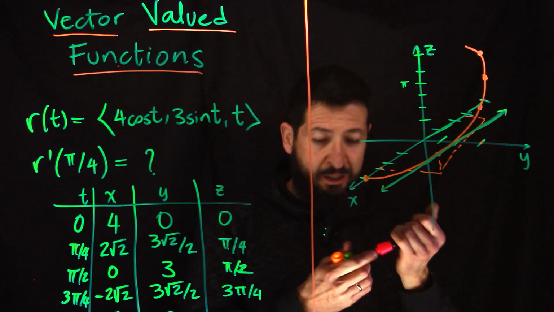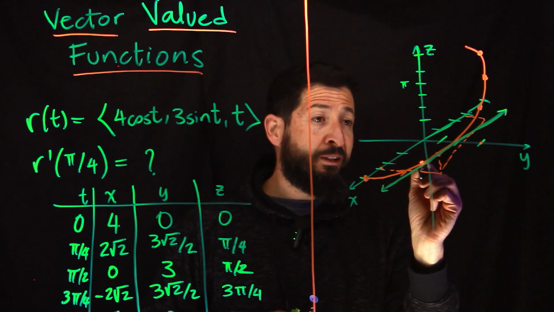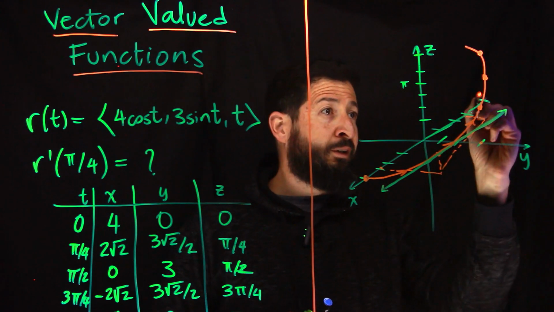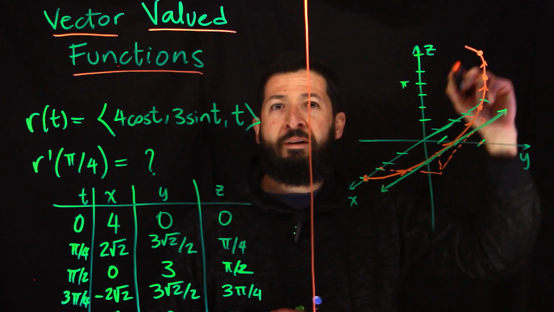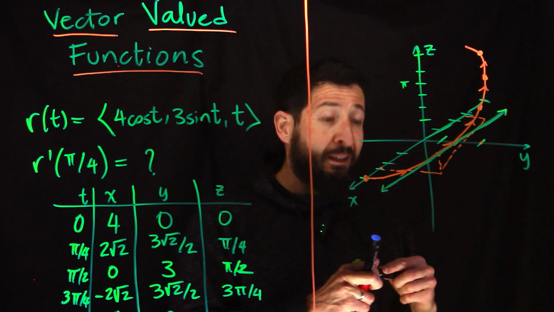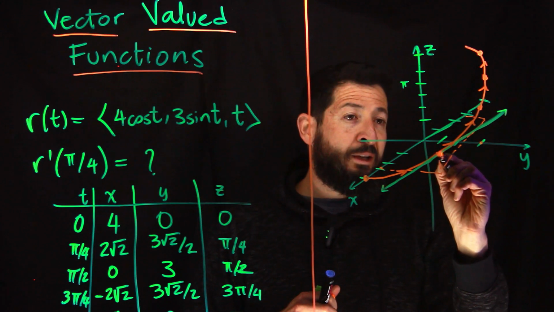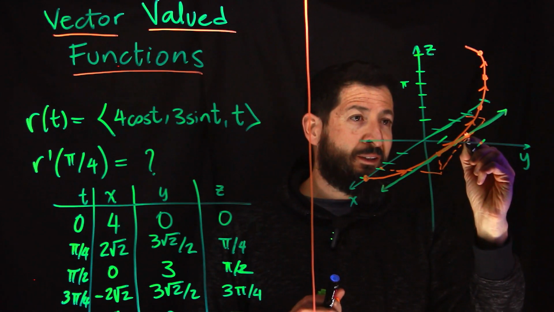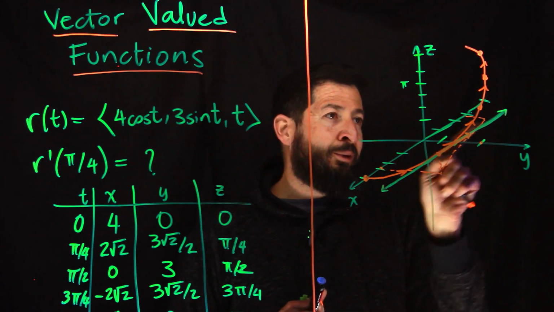Well, this plot has a direction. It's a parametric curve or a vector valued function. So it's going in this direction as you draw it. And following this direction, the tangent vector you obtain by taking the derivative will be the vector that is tangent to this line and going in this direction.